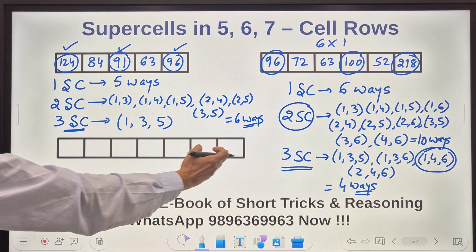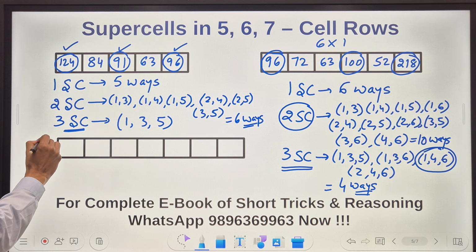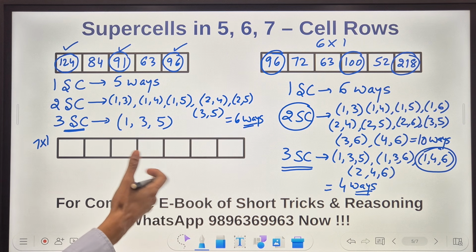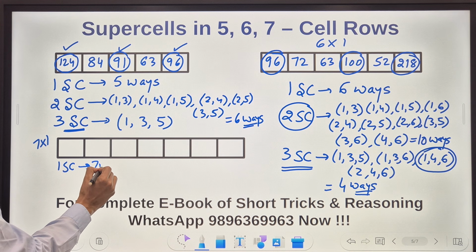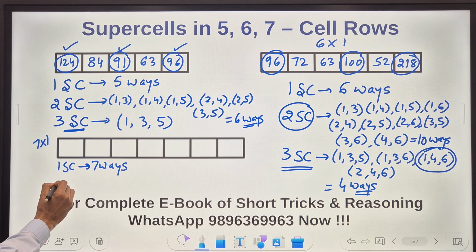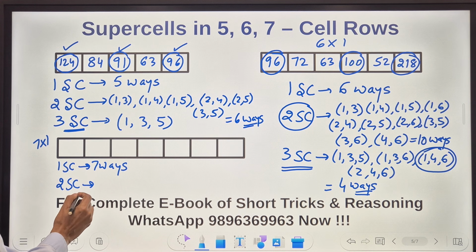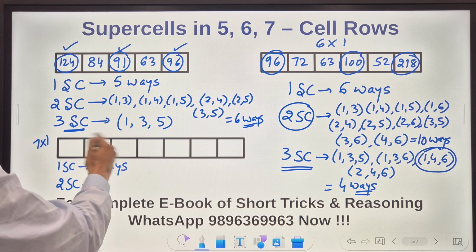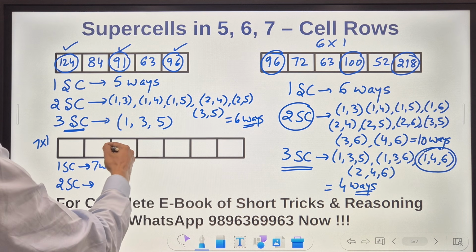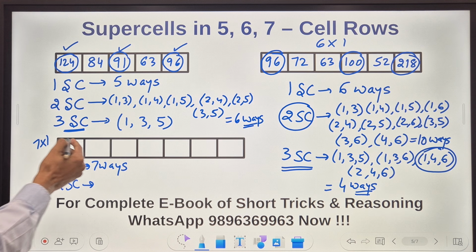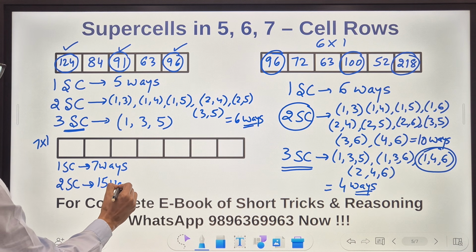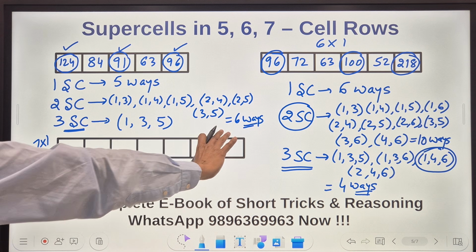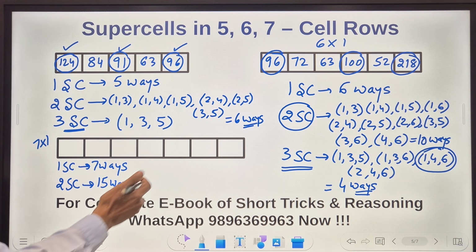Likewise, if you have a 7 by 1 grid, now a 7 by 1 grid will get even trickier. In a 7 by 1 grid, you can have one supercell in obviously 7 ways. Now for 2 supercells, you have to make a lot of combinations: 1, 3, 1, 4, 1, 5, 1, 6, 1, 7, 2, 4, 2, 5, 2, 6, 2, 7, like that. And you will find that there are 15 ways of getting 2 supercells in a grid of 7 by 1.